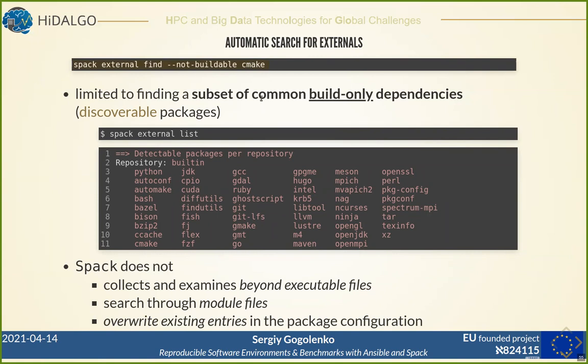This command allows you to find many external packages, but it is defined only for common build-only dependencies such as CMake, binutils, Python, for example, and so on. So those which are used in the build part, but not for linking or for running.